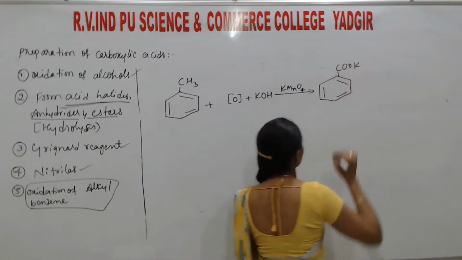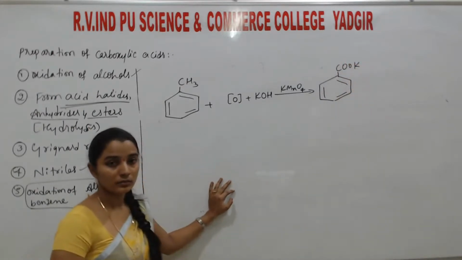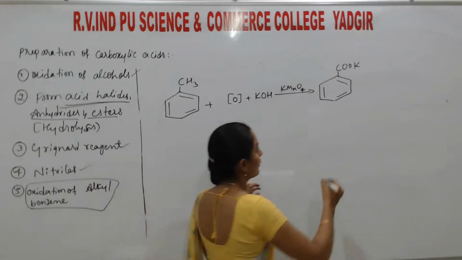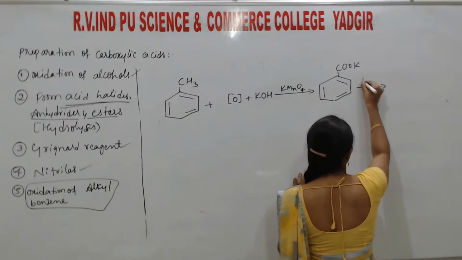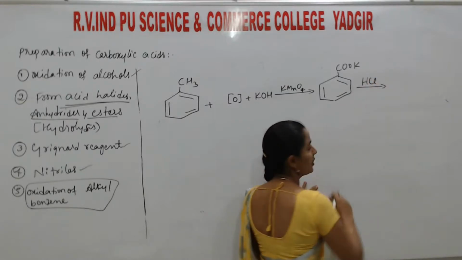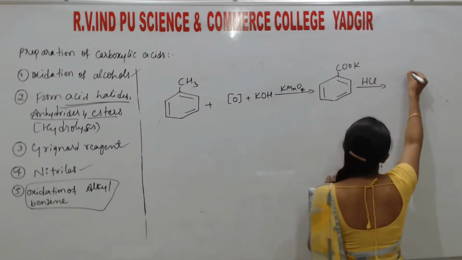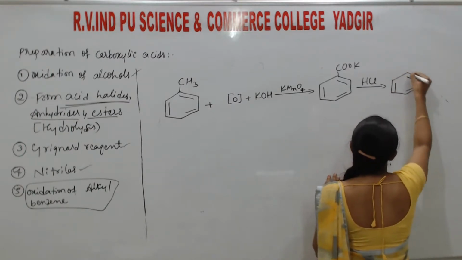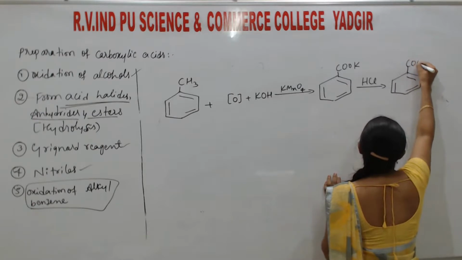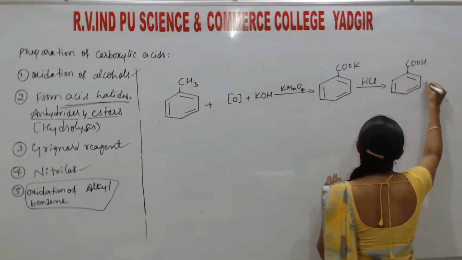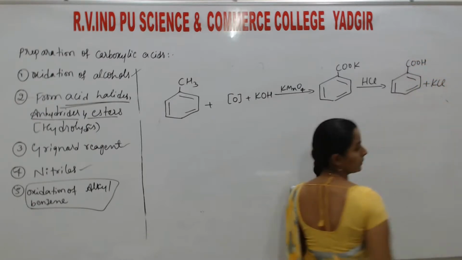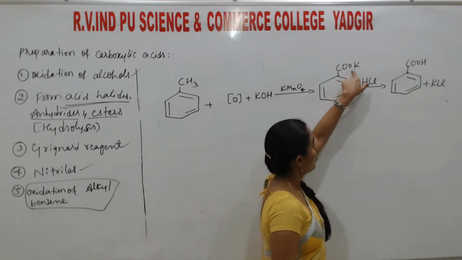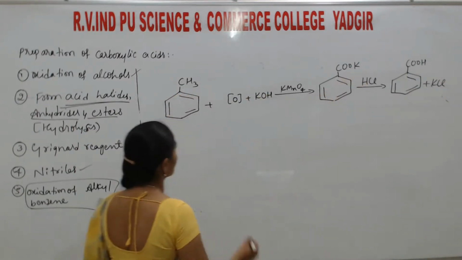COOK, potassium benzoate. Understand? So when it is further treated with acid, or acidified, they form COOH plus KCl. Okay, is that clear, students? Here COO, two oxygen atoms are inserted.